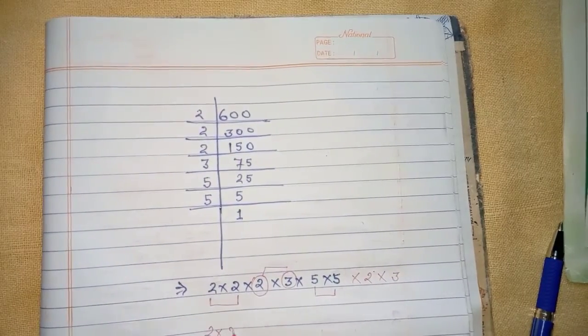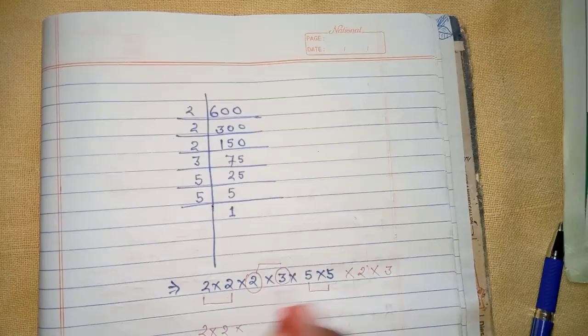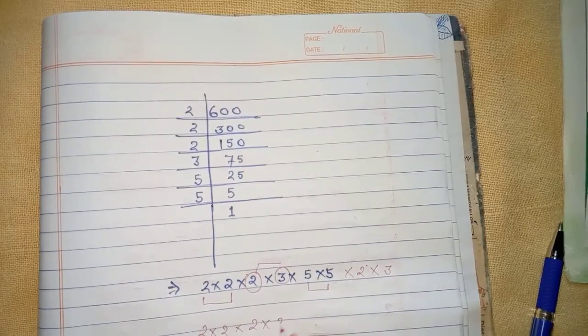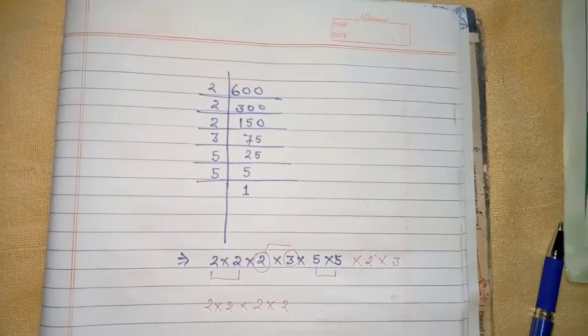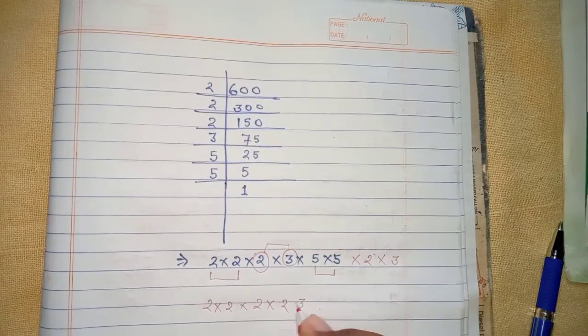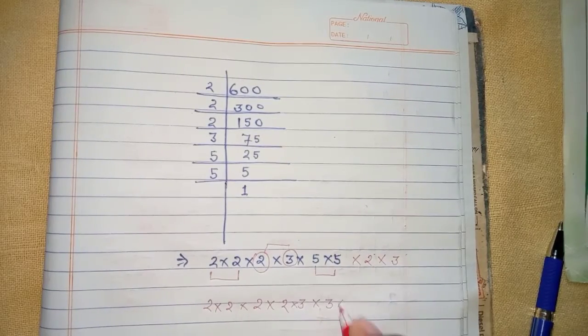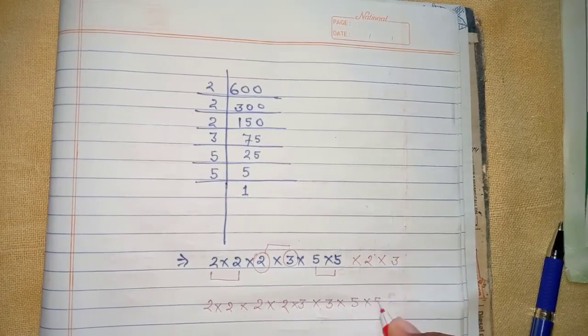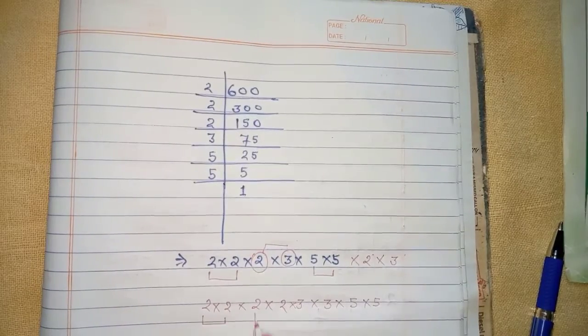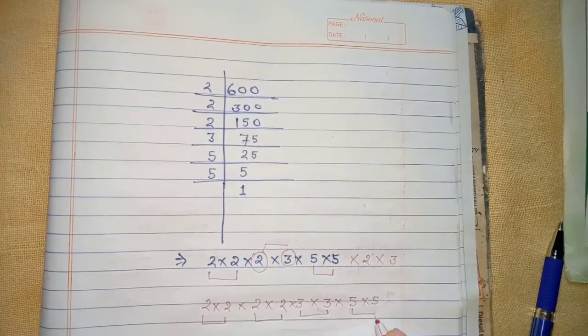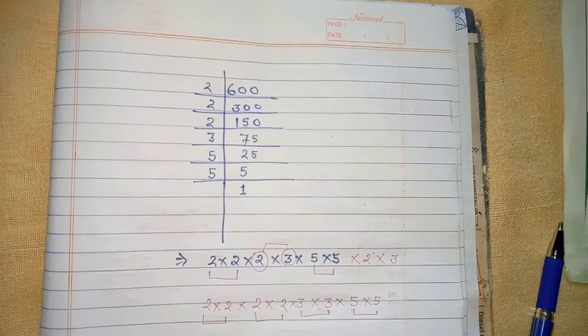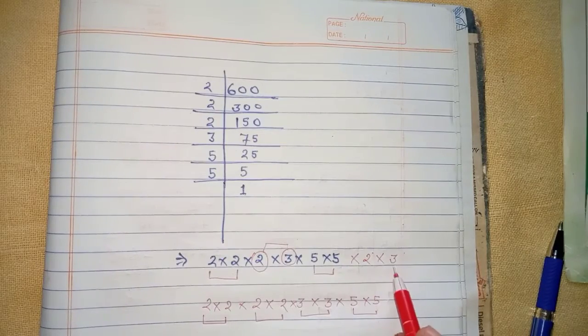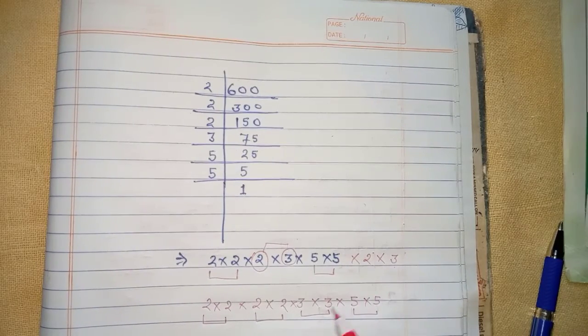If you arrange the numbers like this, 2 into 2, this 2 and this 2 comes here, 2 into 2. This 3 and this 3 comes here, 5 and 5. You can see we have all the numbers paired. But for this thing, you have to multiply the number by 2 into 3, means by 6.